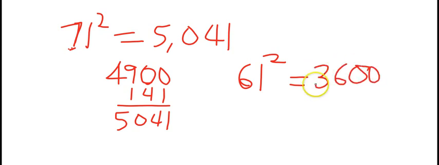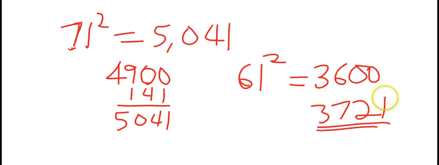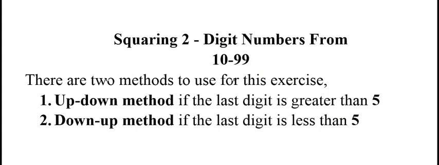And you attach your 2 zeros, call it 3600. Then you add the 6, which is 60, to the 61, which will give you 121. And when you add 121 to this, you get 3721. And so 61 squared is 3721.